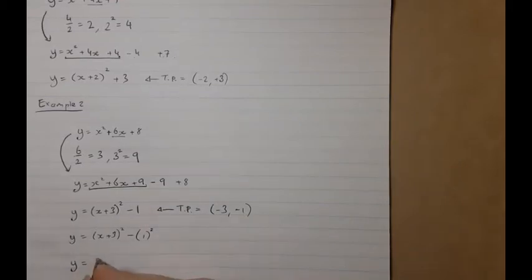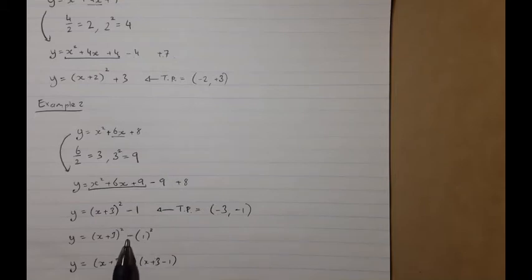So our answer is x plus 3 plus 1 times x plus 3 minus 1. Again, notice x plus 3 is in both brackets. One bracket has minus 1, this one here. The other bracket has plus 1. That happens because plus 1 times minus 1 gives me minus 1 squared.